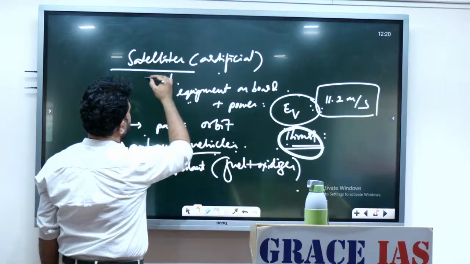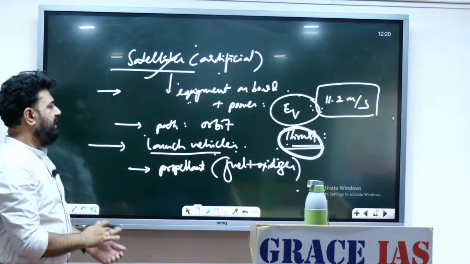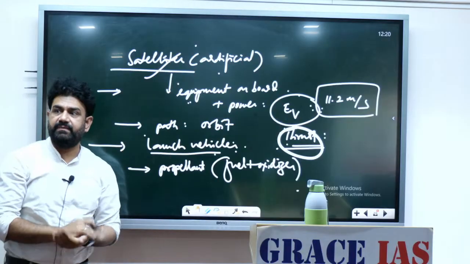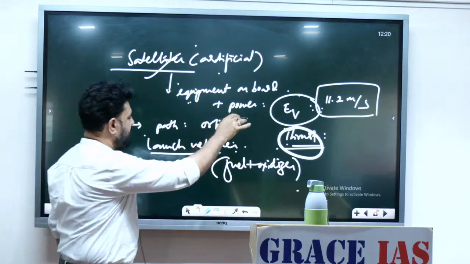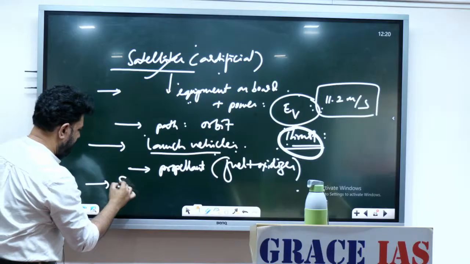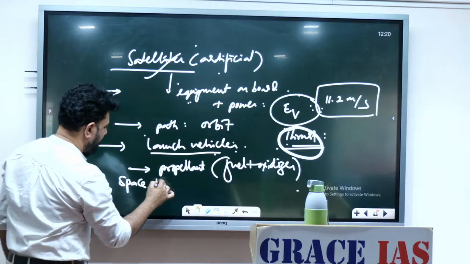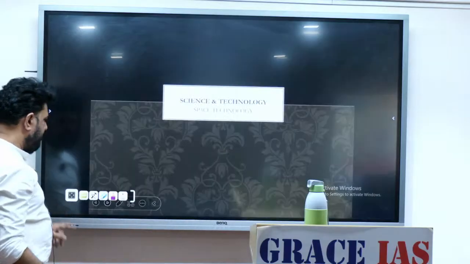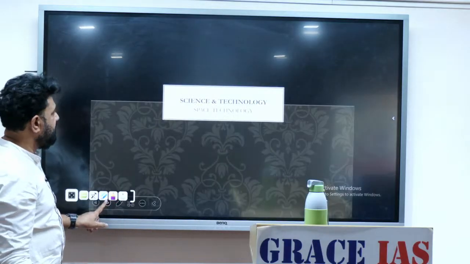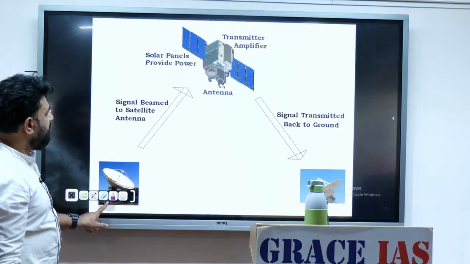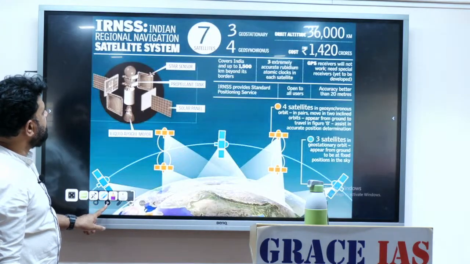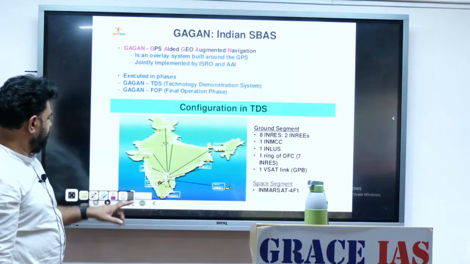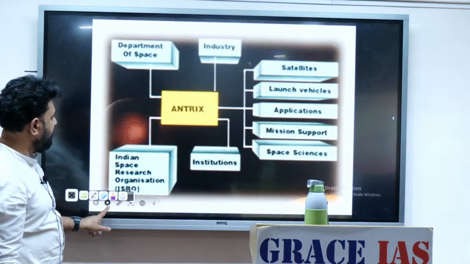And then satellites. Usually what will be in use will be only satellites, launch vehicles, and space missions, because they will be in use constantly. So for example, some space missions like Gagan, after that we have Antrix.